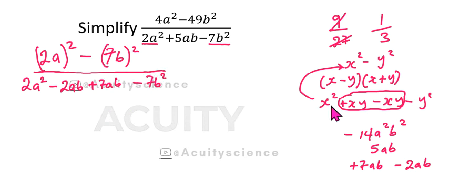Okay, let's proceed. Now let's apply this here, this whole thing. So instead of writing this, we'll just write 2a minus 7b all raised to power 2. Instead of raising to power 2 now, we'll put it this way: 2a plus 7b.